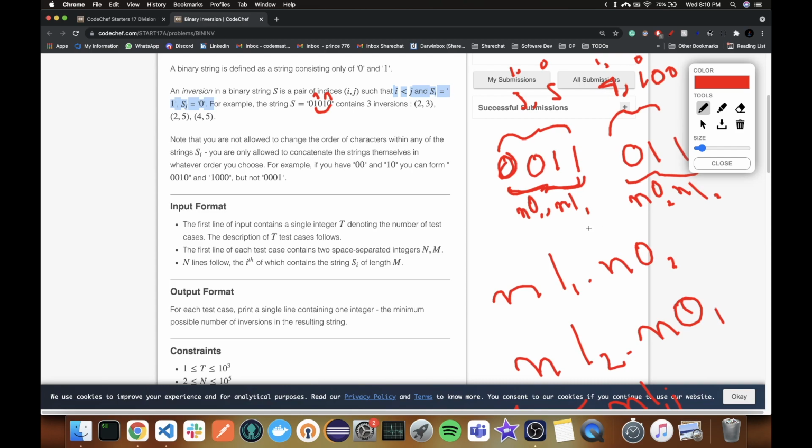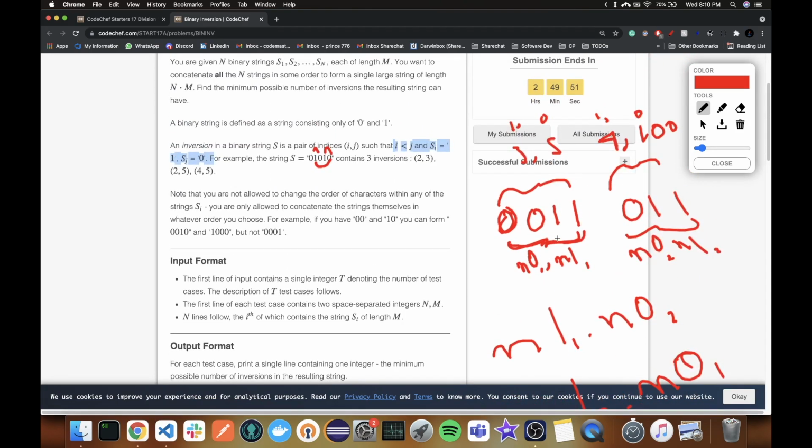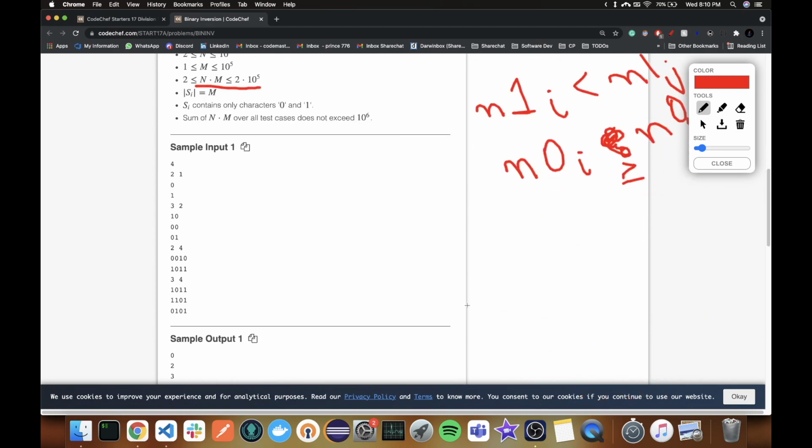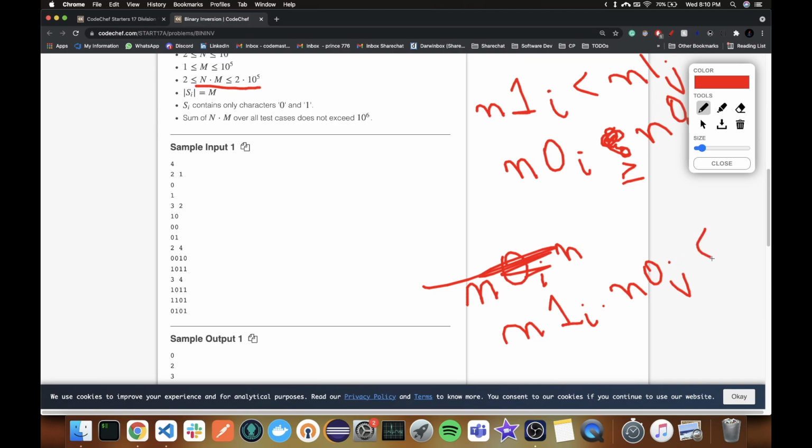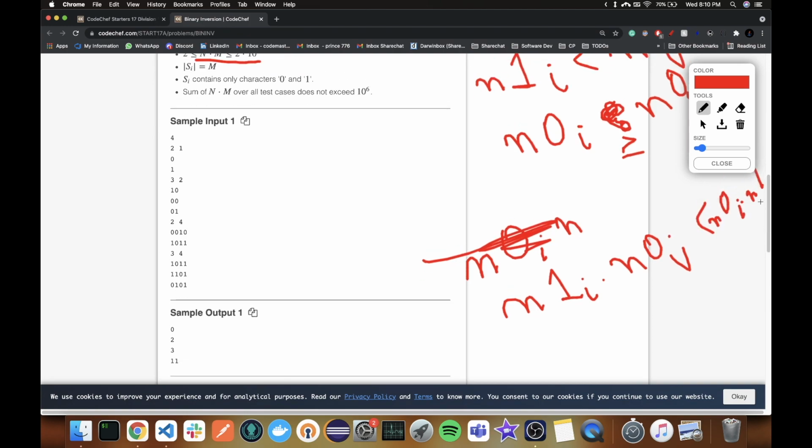Spam call. Okay, no, all I care about is just n0. Yeah, so I want to order it like n1i multiplied by n0j to be less than n0i multiplied by n1j.